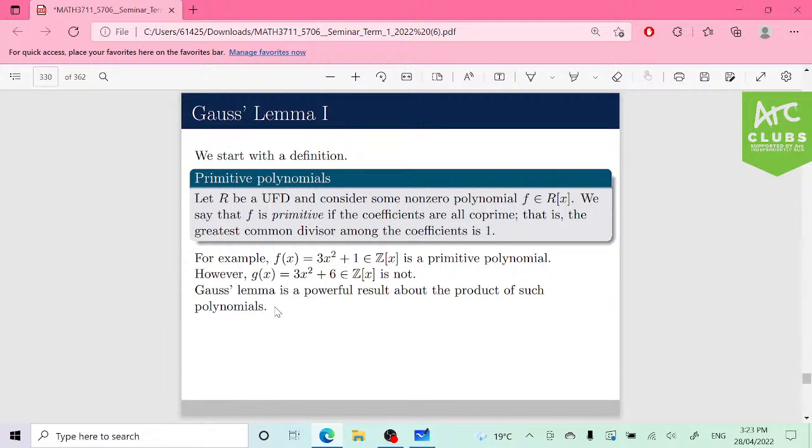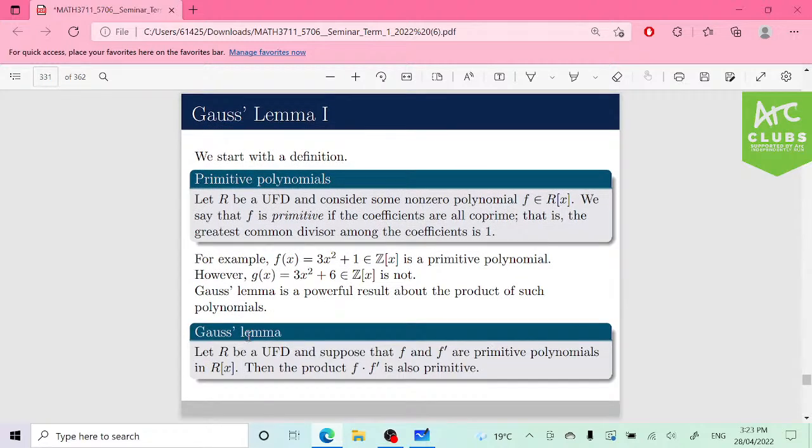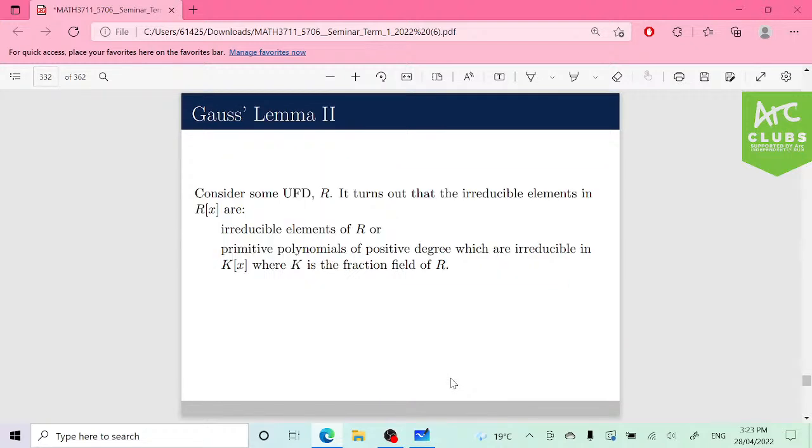Gauss's lemma tells us a lot about the product of these polynomials. So if you consider yourself in a UFD and you consider any two primitive polynomials, it turns out that the product of these two polynomials is also primitive. This is useful because this tells us a lot about irreducible elements in these rings.